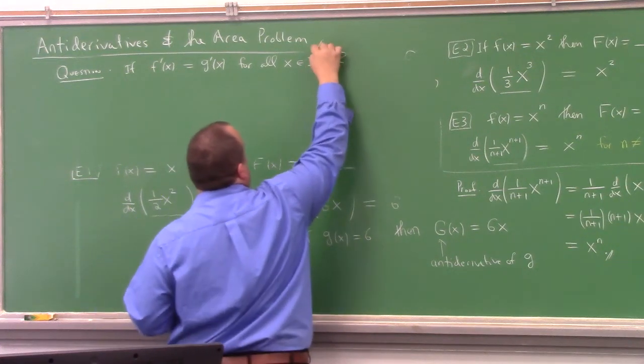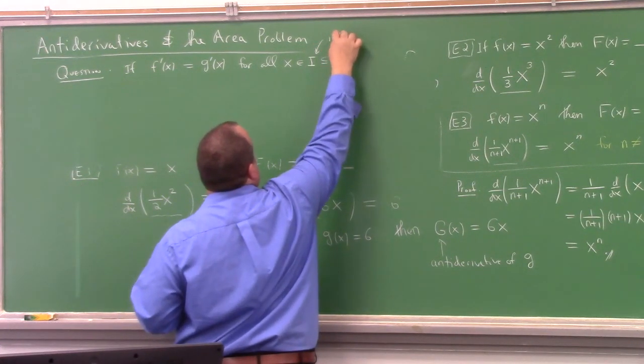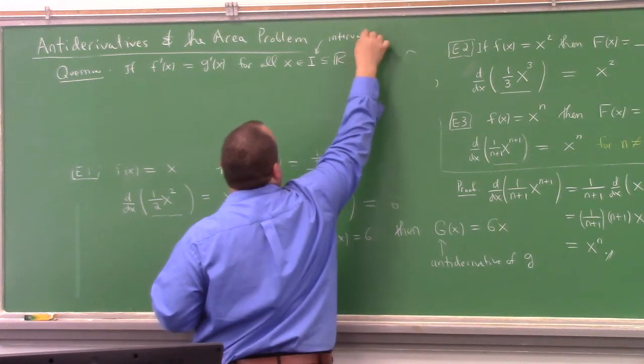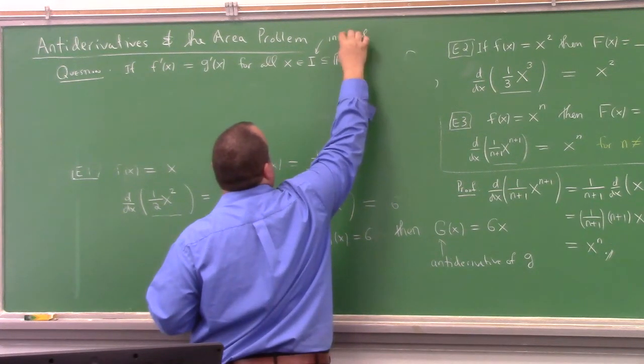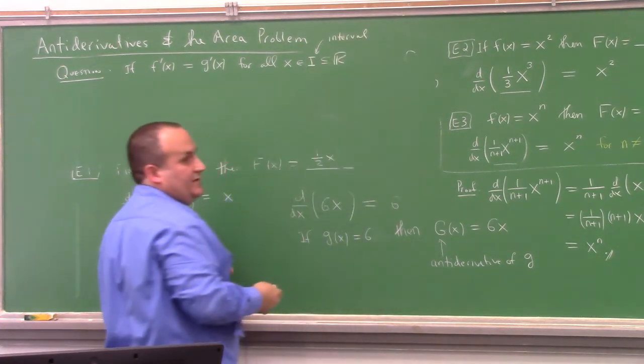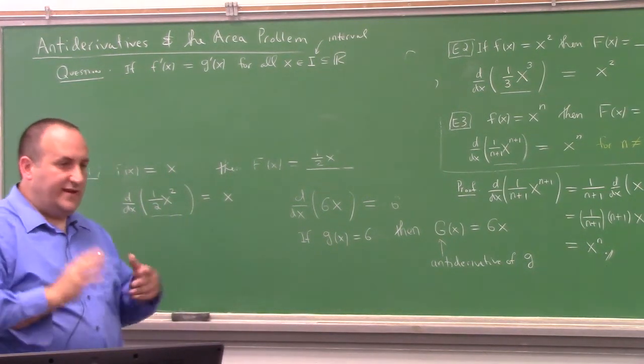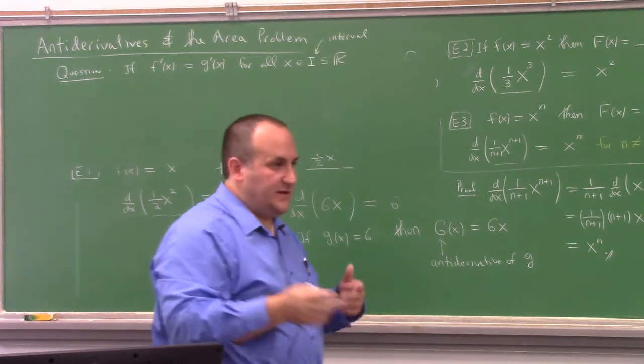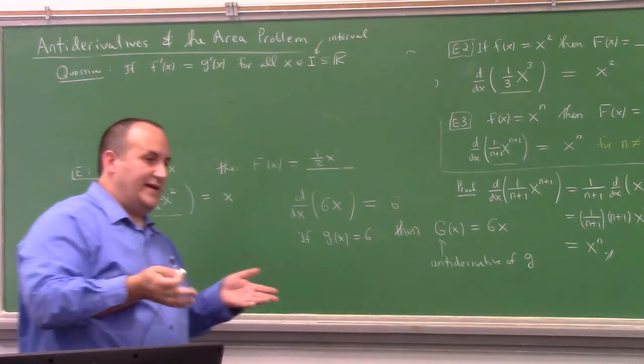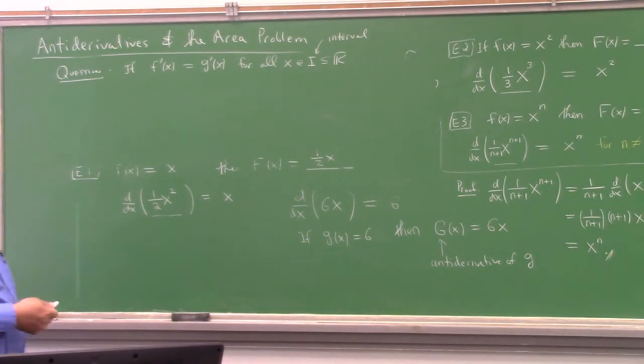Here I want this I to be an interval. What's an interval? An interval is a connected subset of real numbers. That means it could be a closed interval, an open interval, a ray to infinity, a ray to minus infinity. There's basically 9 different kinds of intervals to think about, and endpoints, singletons. But what would it mean if the derivatives of the two functions were the same for all x in an interval?